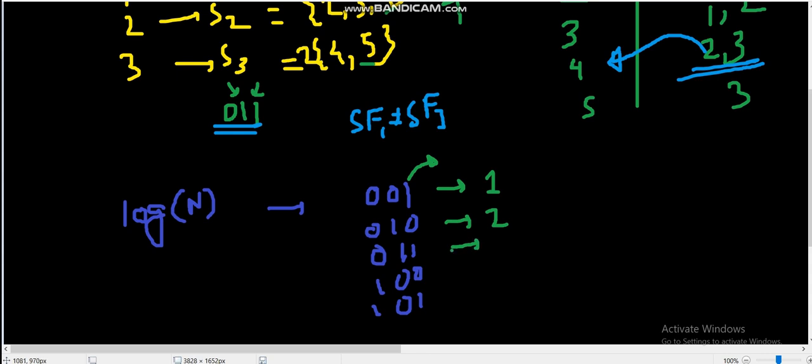Now two bits are set, first and second, so we are giving the third bottle to the first and second friend. Similarly we are giving the fourth bottle to the third friend, and the fifth bottle to the first and third friend. So we can build log n number of sets in such a way that the sets are distinct. You can take some more examples to see that log n will be the minimum value.